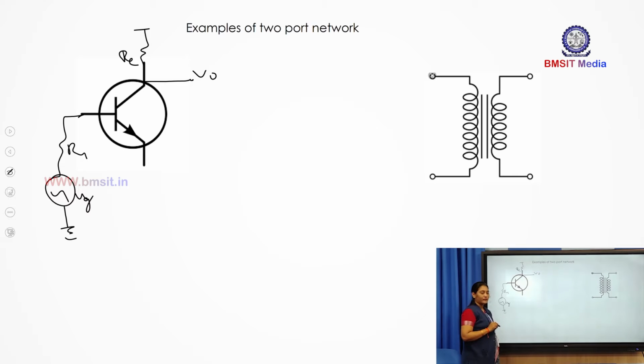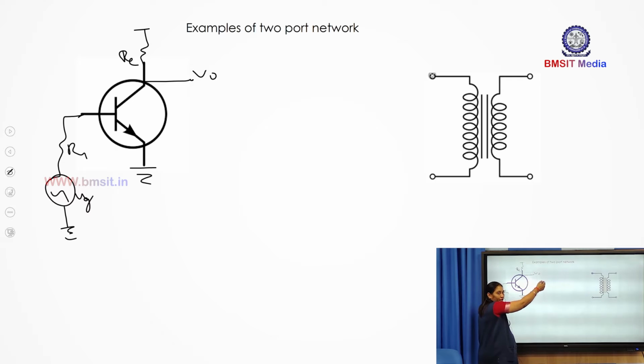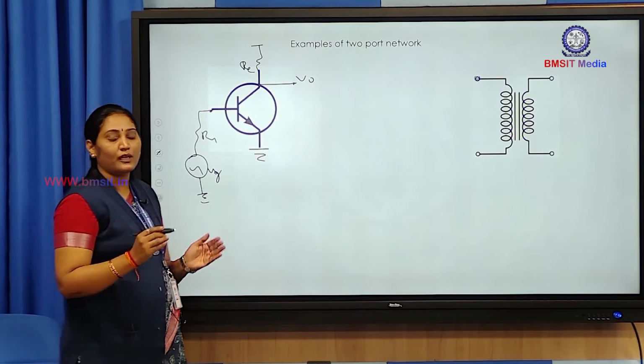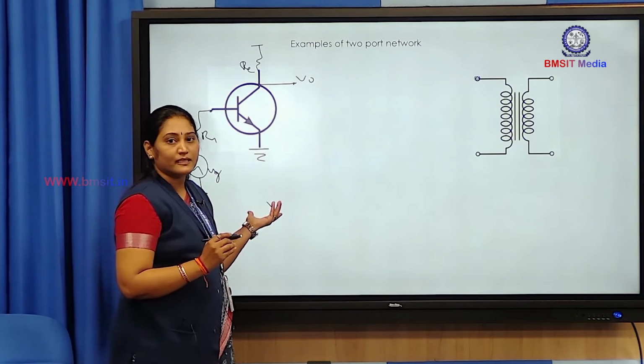Let me terminate the emitter to the ground. You can see there is a source connected to the transistor, and you are drawing current or voltage from the transistor. Here V0 is the output, so this terminal is an output terminal and this terminal is an input terminal. Both input and output terminals exist in this transistor.